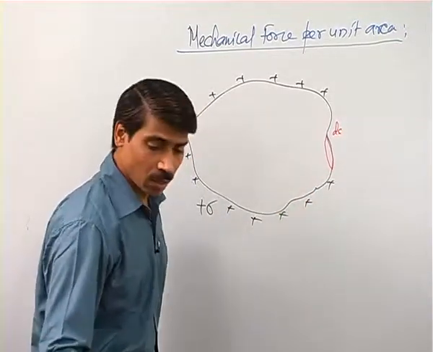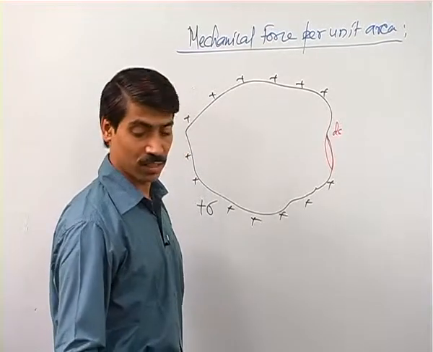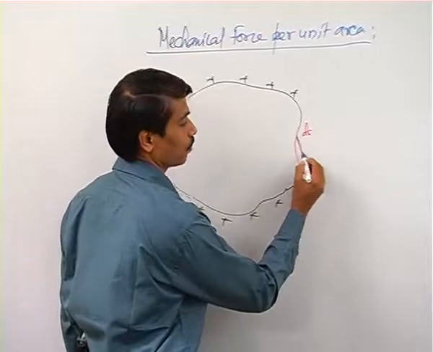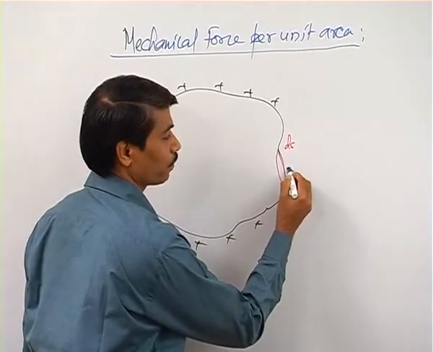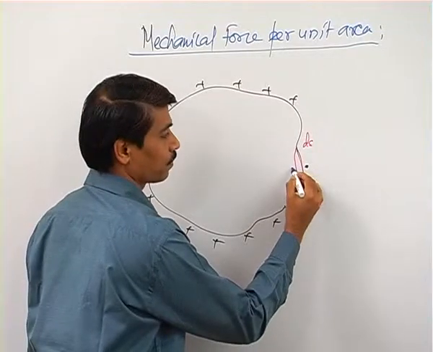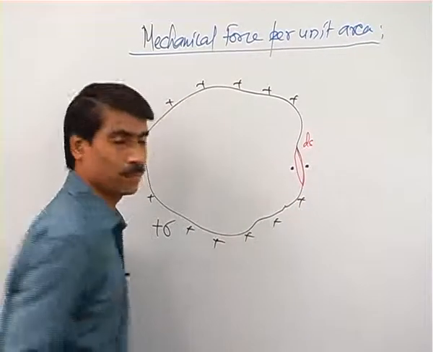Now we are going to consider 2 points, one just outside and one just inside. So we take a point just outside this conductor and another just inside.